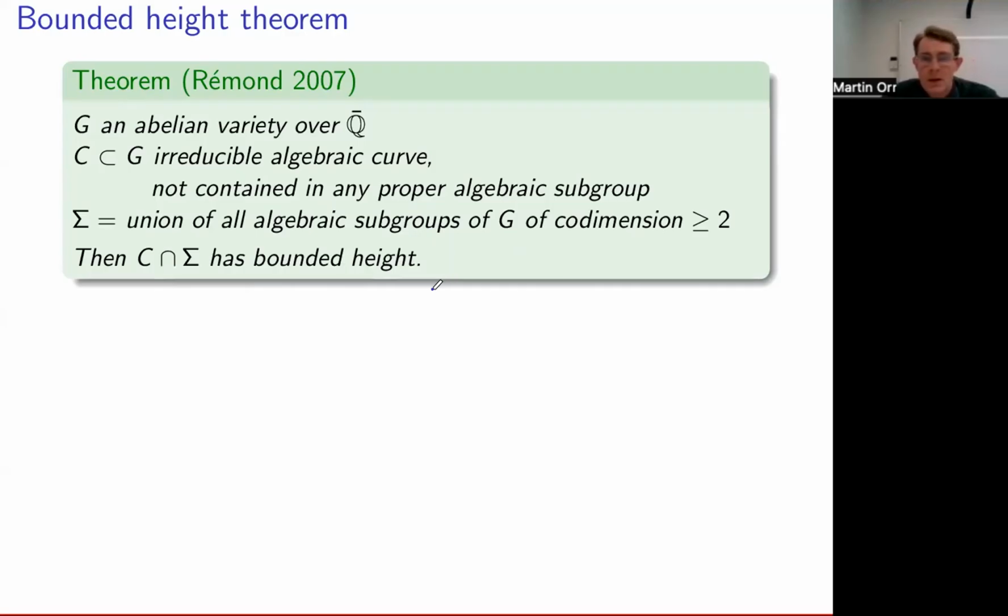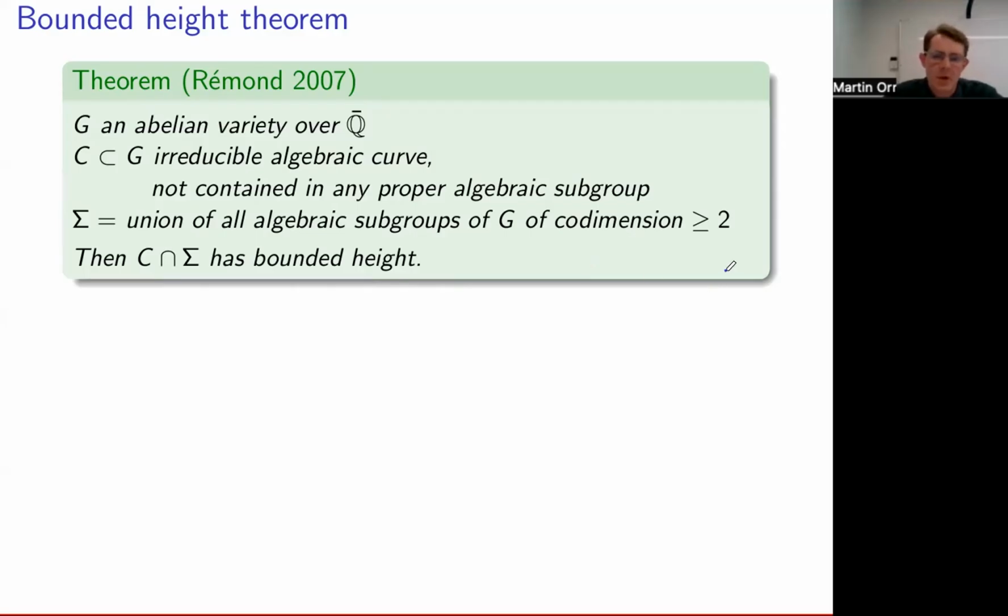In the converse direction, it is not immediate that bounded height implies finiteness here, because it's not at all obvious that the points in this set have bounded degree over Q. So that's not an immediate consequence of Northcott's theorem, and that's where the o-minimal point counting came in.